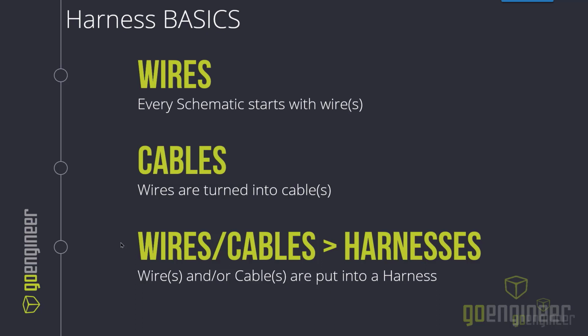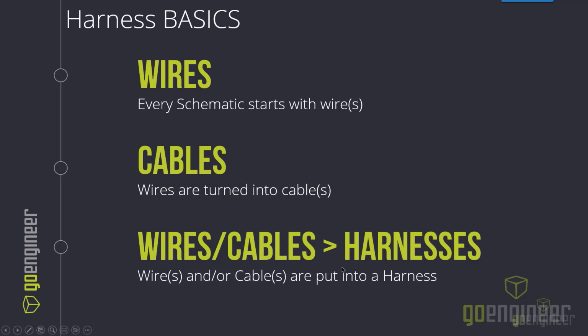Whereas electrical describes that a little differently. So wires are just that, straight individual conductors. A cable generally is a bunch of conductors with an outer jacket, not necessarily with the ends on it. You can define it either way, but generally if we're converting wires into cables, it's just conductors and an outer jacket.